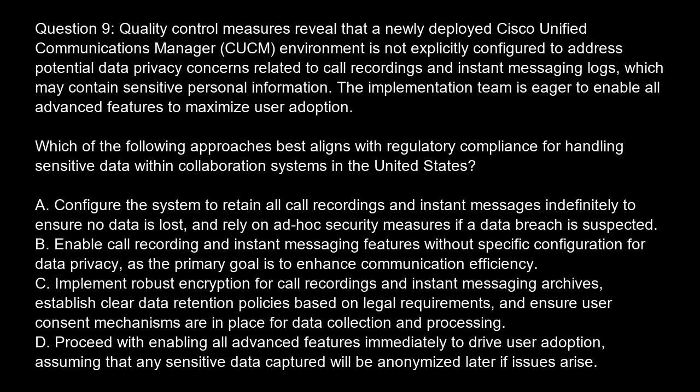Option C. Implement robust encryption for call recordings and instant messaging archives. Establish clear data retention policies based on legal requirements, and ensure user consent mechanisms are in place for data collection and processing. Option D. Proceed with enabling all advanced features immediately to drive user adoption, assuming that any sensitive data captured will be anonymized later if issues arise.